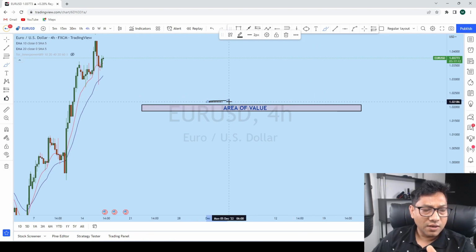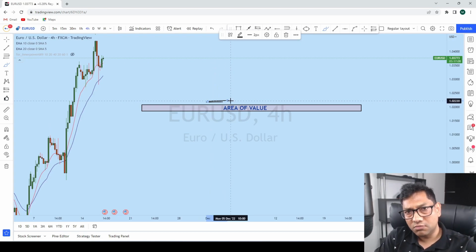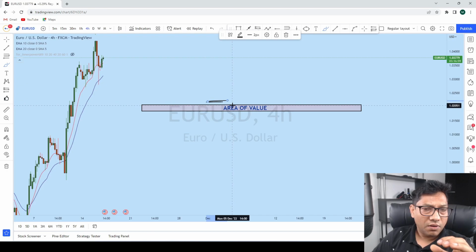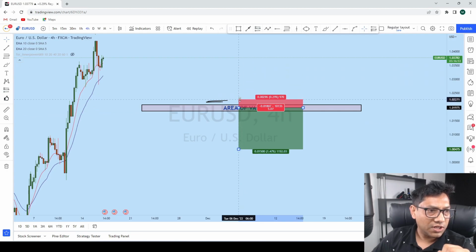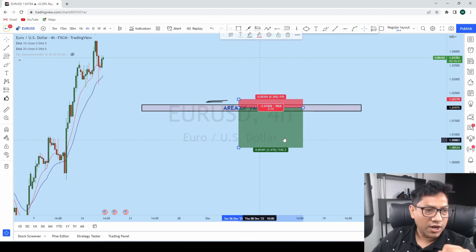Let's say you sell from an area of value, you short from here, your stop loss is just above the area of value and you target it here.